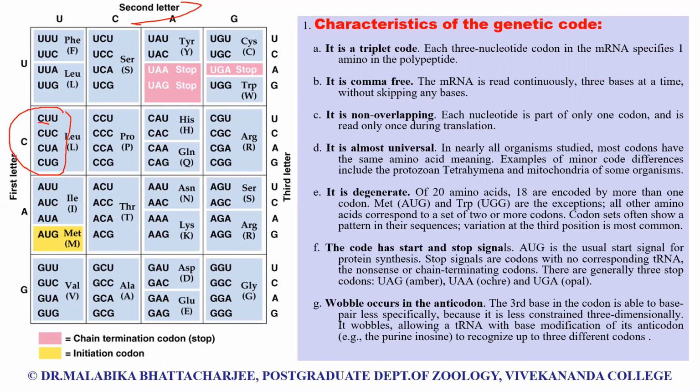But since the first 2 bases are the same and only the third position base has changed, all the 4 combinations code for leucine. If we look at another case, valine, the first and second base are the same, only the third base has changed. Again, all the 4 combinations code for valine.